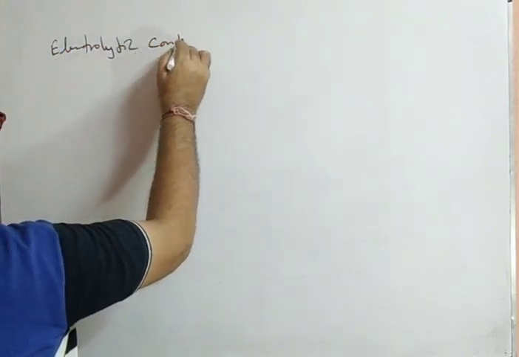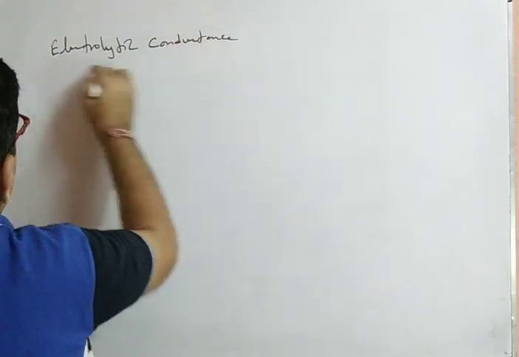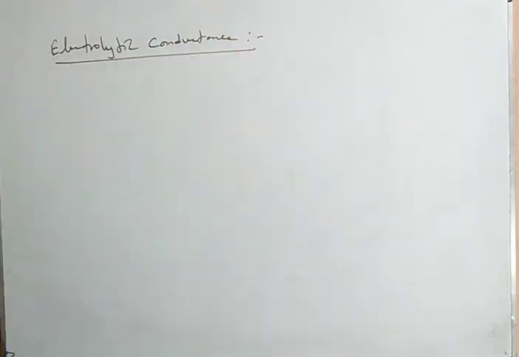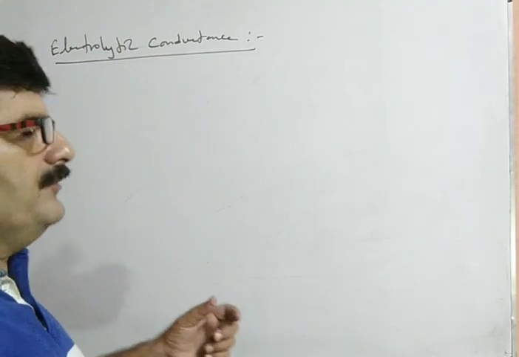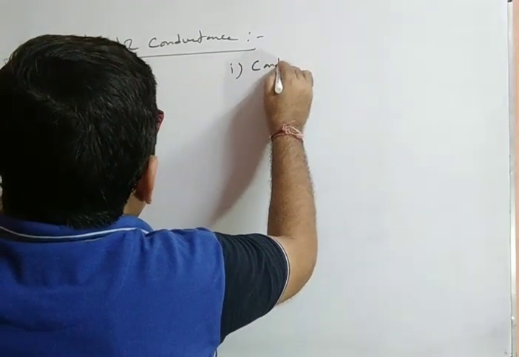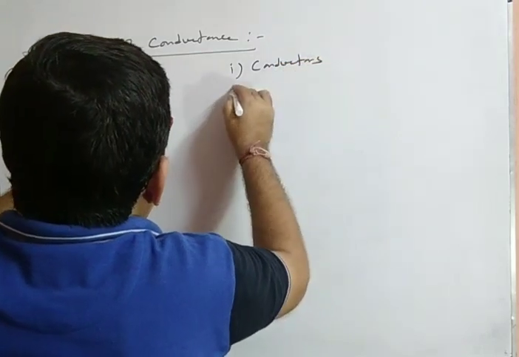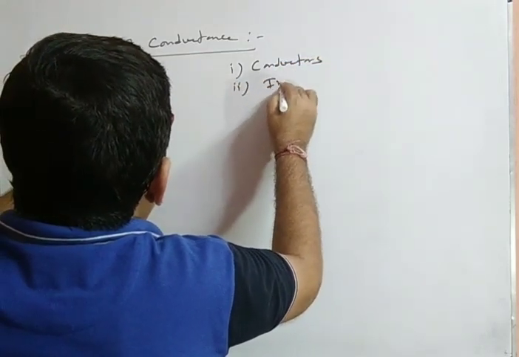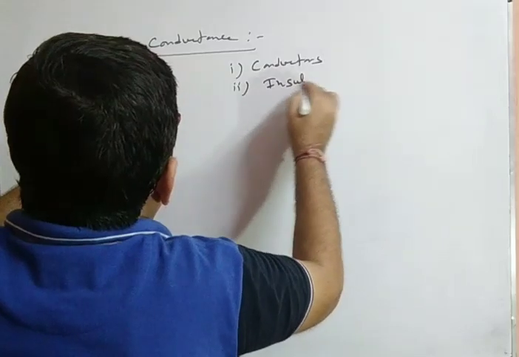Electrolytic conductance. You know very well, two types of things are present. First is known as conductors, and second one insulators.